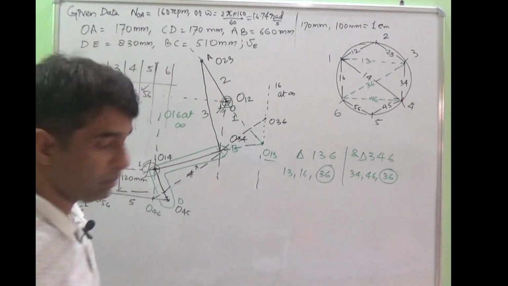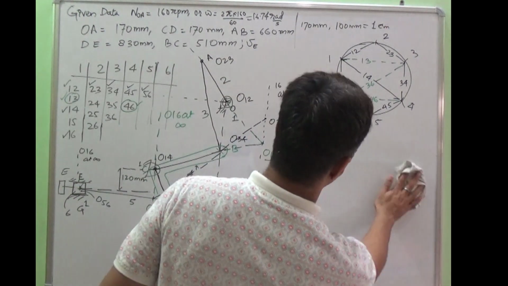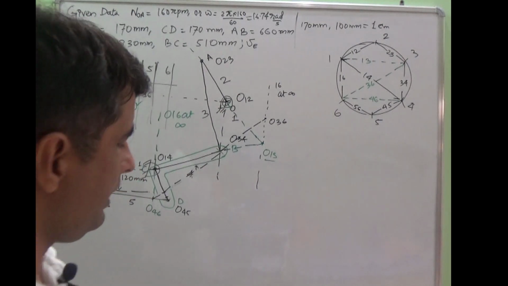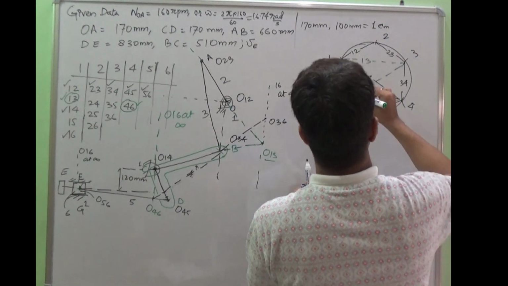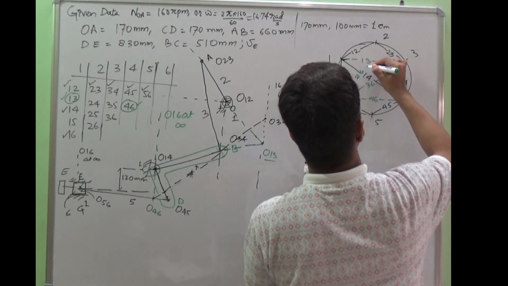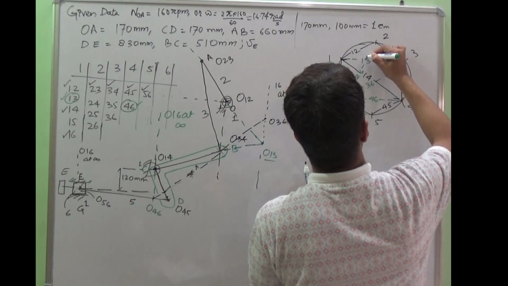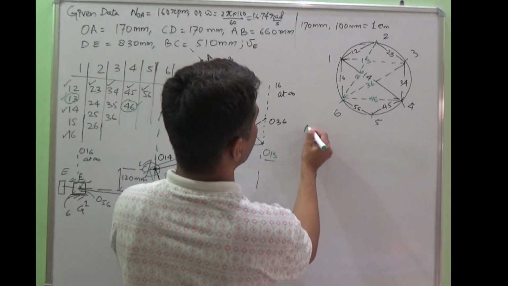So how do we estimate O26? Let us begin that part. For getting O26, I need to join 2 and 6 because that is unknown to me. And now I can estimate O26 as well. So this is creating two triangles here.